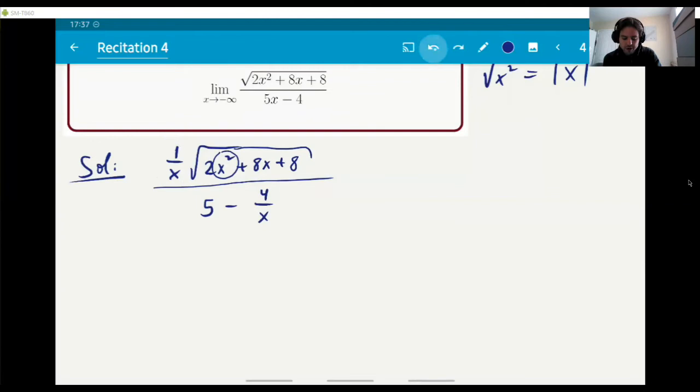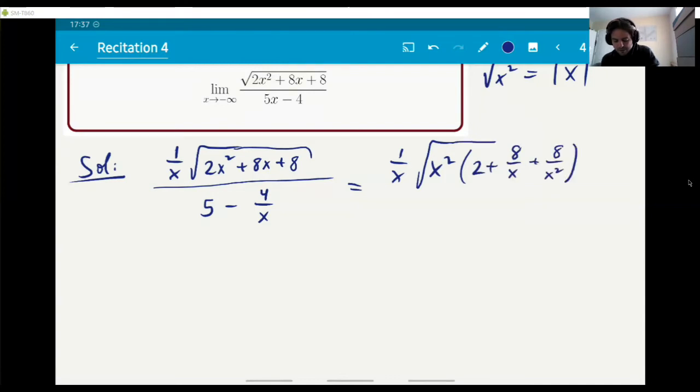That's what we're going to do. So I'm going to factor an x squared inside of the square root. Sorry, I should have written the x squared first. There it is: 2 plus 8 over x plus 8 over x squared, the whole thing divided by 5 minus 4 over x.